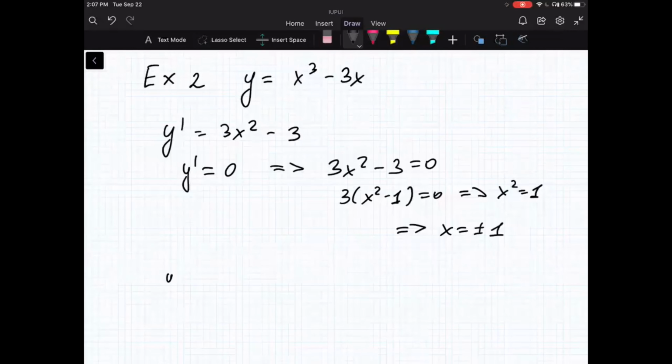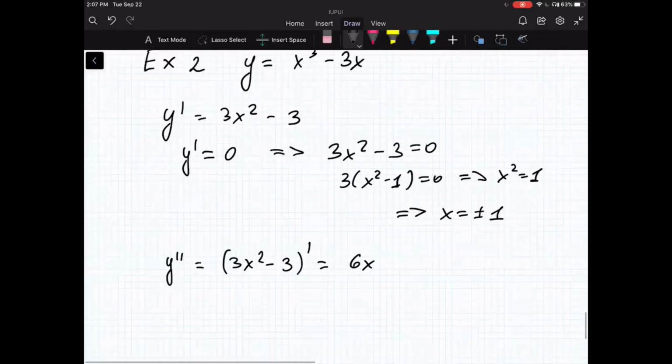But now I will calculate the second derivative. My first derivative is 3x squared minus 3, so the second derivative will be just 6x. And so y double prime at the point x equals 1 will be 6, which is positive.